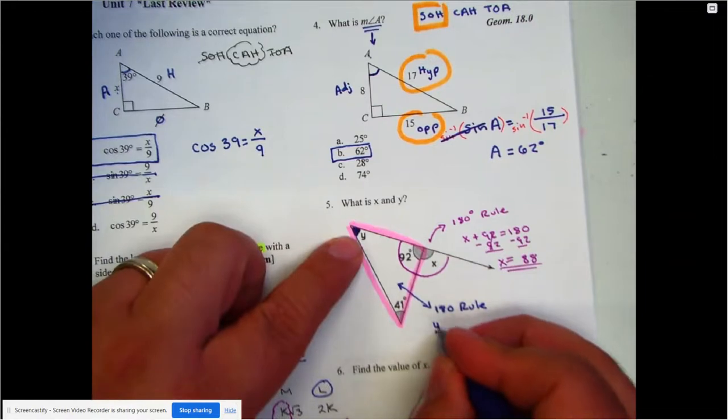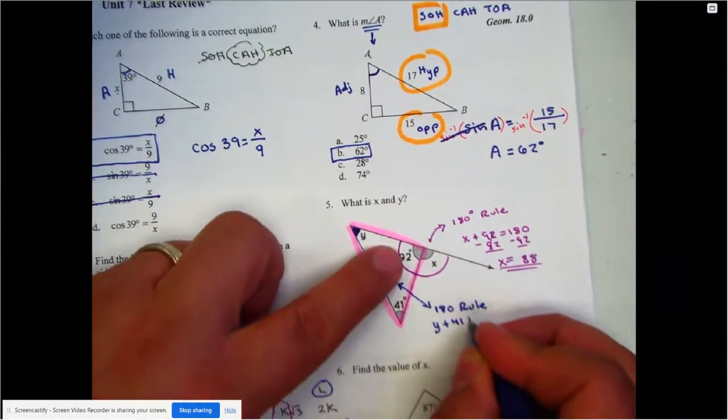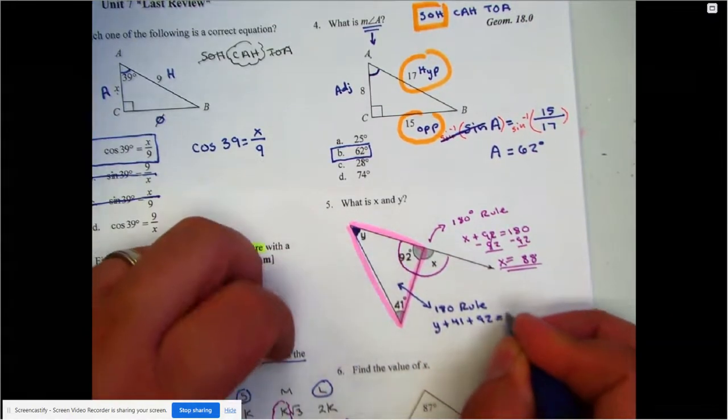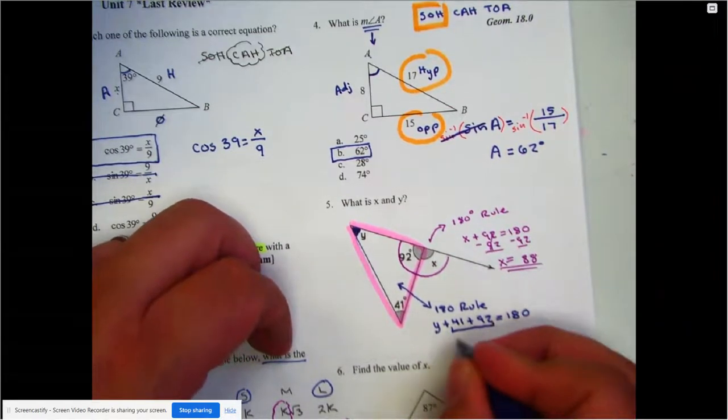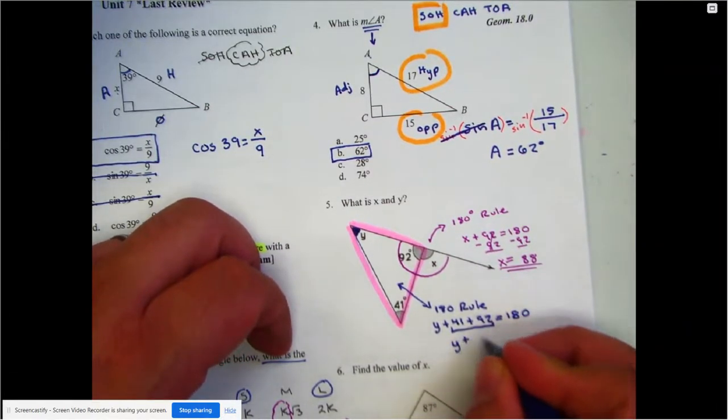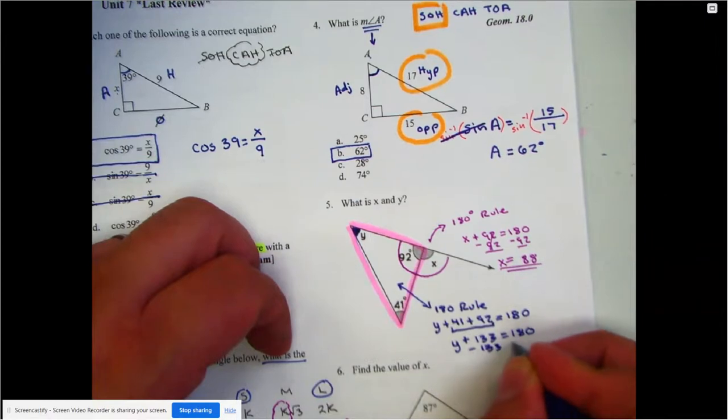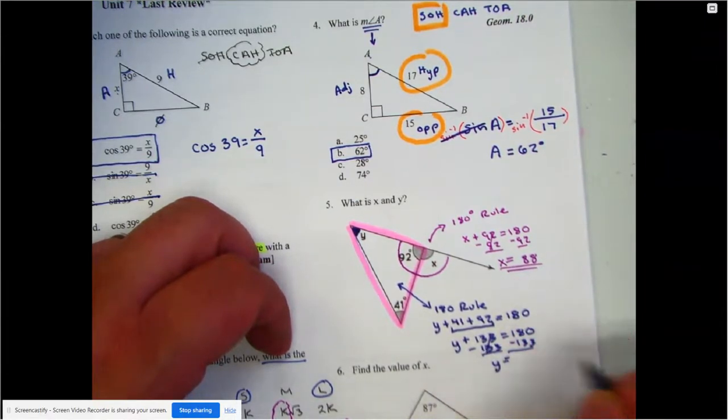This time it's y plus 41 plus 92 is equal to 180. And when I combine these two, we would end up with 133 is equal to 180. And we subtract 133, and we're going to get our answer for our problem here already, where y is simply 47. So once again, we're bringing in the 180 rule.